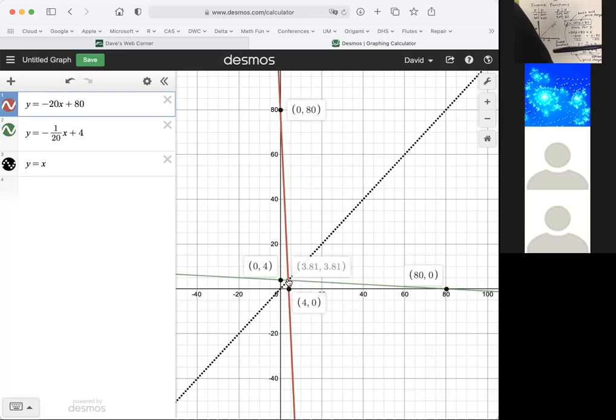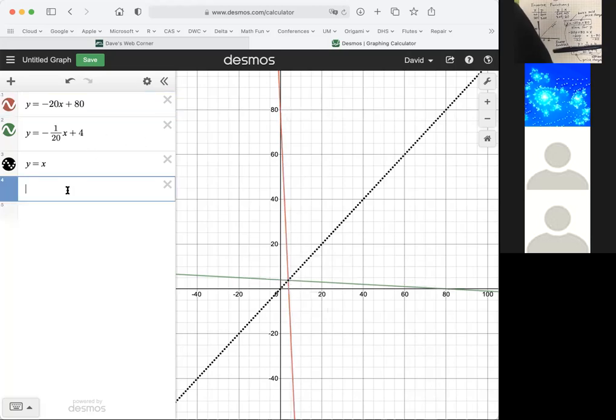Even this point right here, some kind of decimal point, 3.81 and 3.81, that seems to live on both lines. What would happen if I reversed 3.81 and 3.81? Well, I would just get 3.81 and 3.81 back. Whenever you have two graphs that are mirror images of each other, something special is happening.